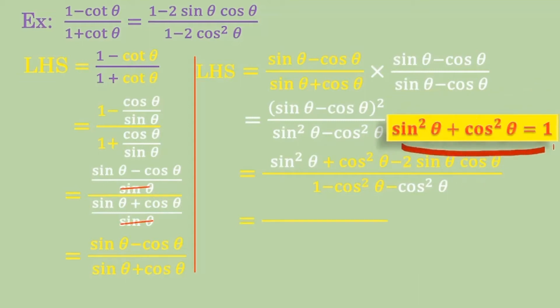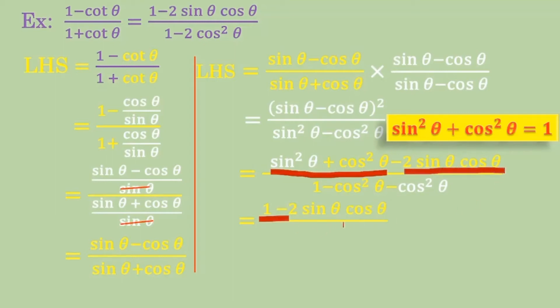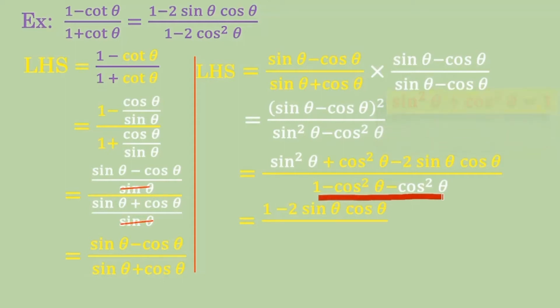Sin square theta plus cos square theta is equal to 1. So we can replace sin square theta plus cos square theta with 1, and minus 2 sin theta cos theta remains as it is. In the denominator, 1 minus cos square theta minus cos square theta is equal to 1 minus twice cos square theta.